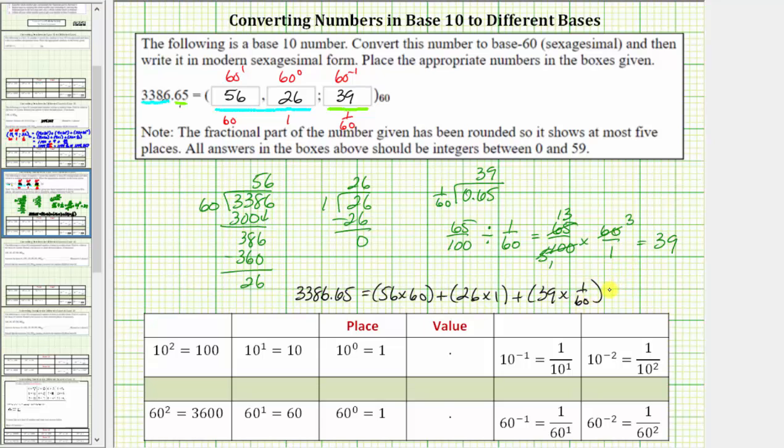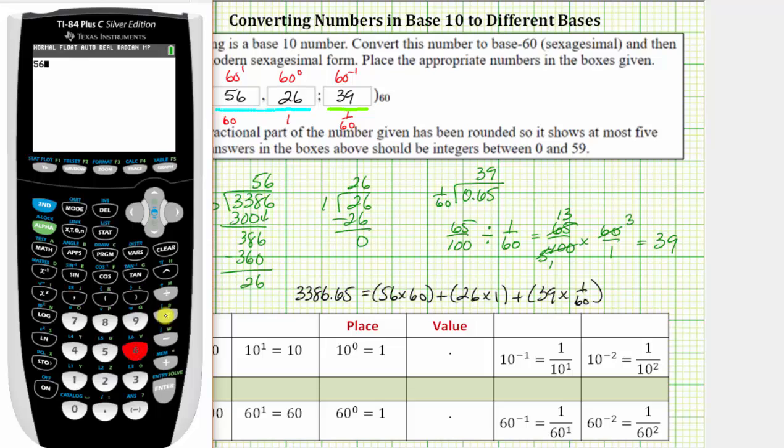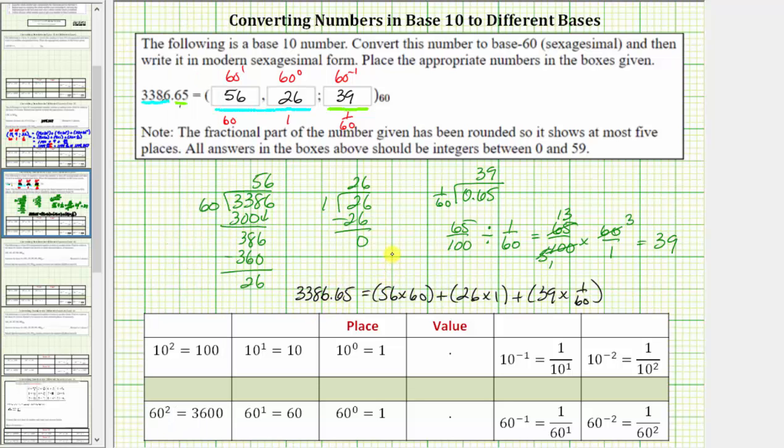Let's verify this on the calculator. 56 times 60 plus 26 times 1, which is 26, plus 39 times 1/60th does give us 3,386.65 in base 10. I hope you found this helpful.